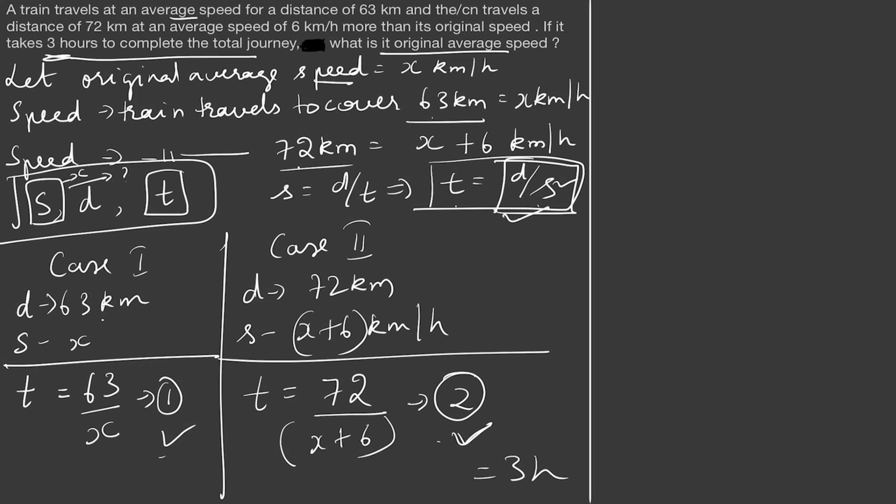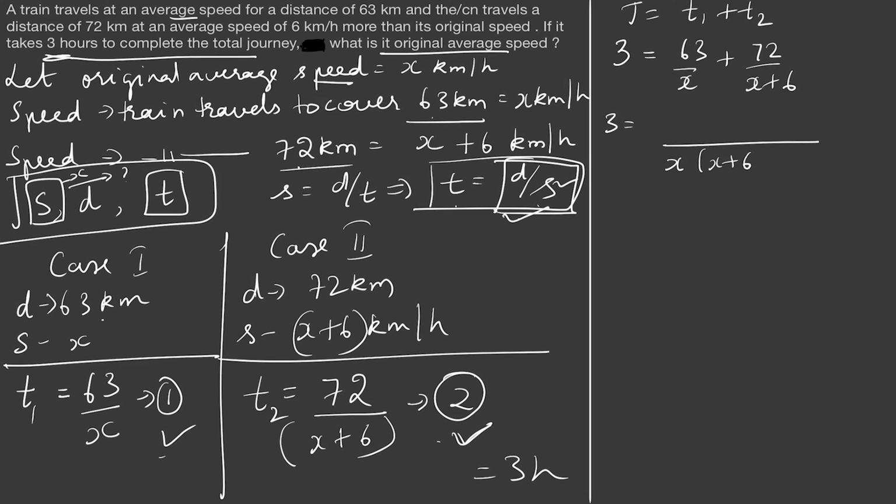If we take these as T1 and T2, the total time capital T will be equal to T1 plus T2. Total time is 3. That is equal to T1 from equation 1, which is 63 by x, plus T2 from equation 2, which is 72 by x plus 6.